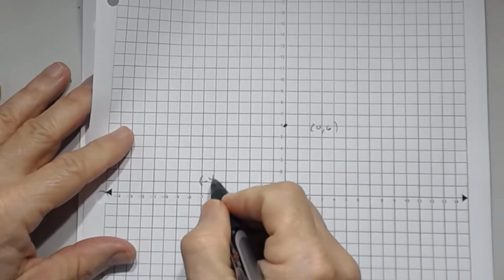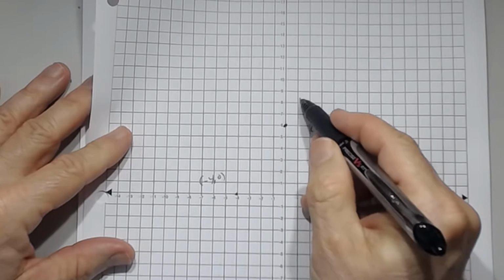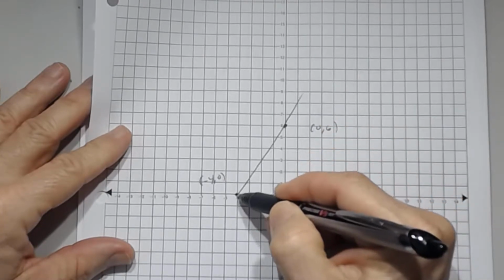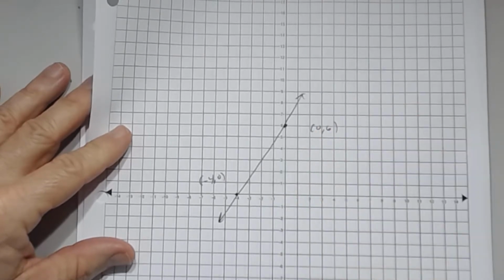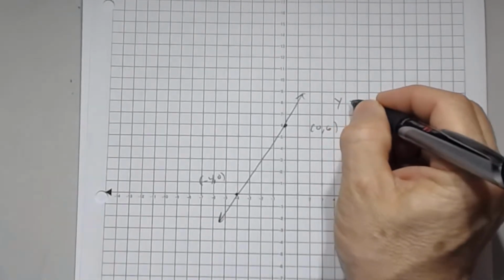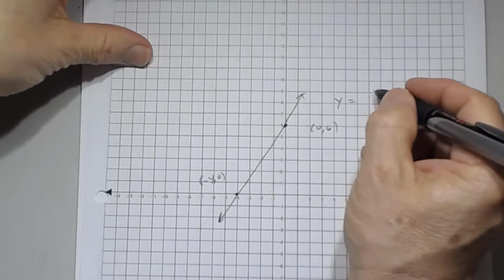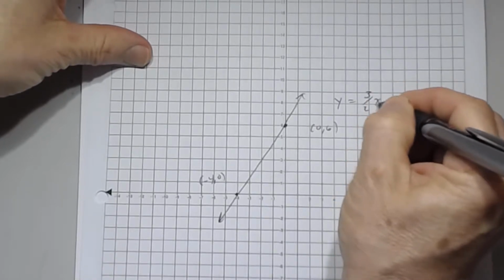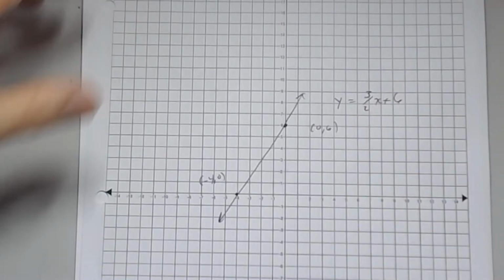Remember, if I say label, go ahead and label the points. And then you draw your line with your arrows. All right, so there's the line: y equals 3 halves x plus 6. Okay?